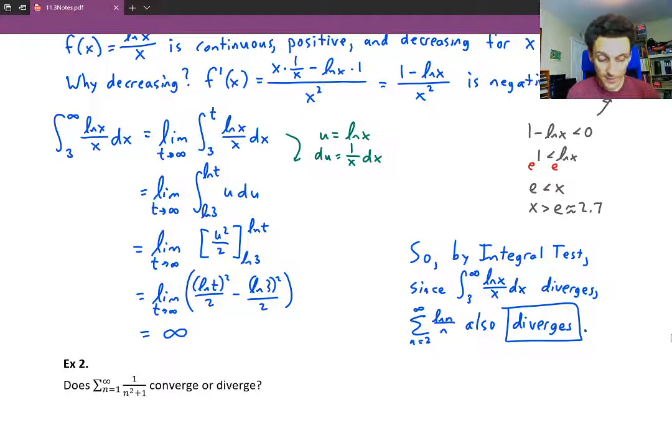Because the convergence and divergence of integrals and their corresponding series are tied together by the integral test.